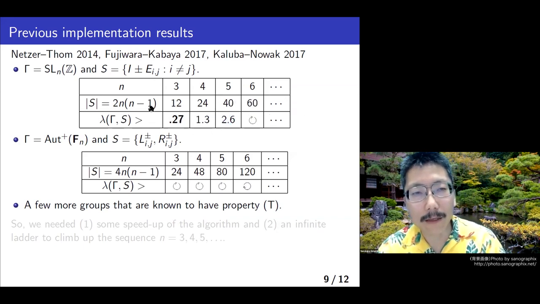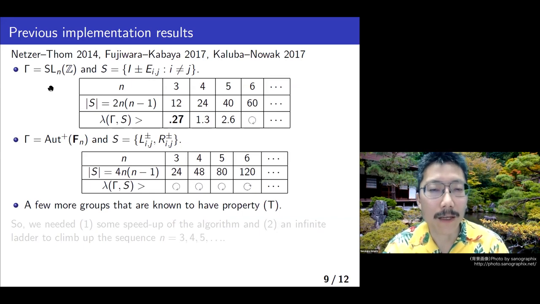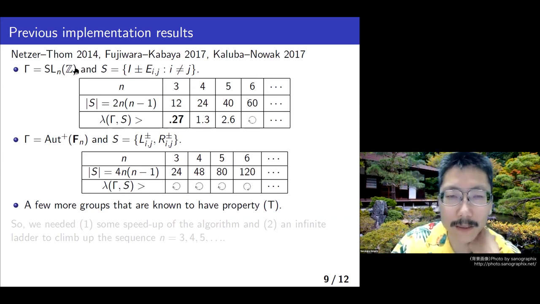Which means that for SL3, SL4, SL5, if n is larger, it's easier to have property T. And for SL3, when n is 3, it's more difficult to confirm property T, and you need to enlarge the searching area.